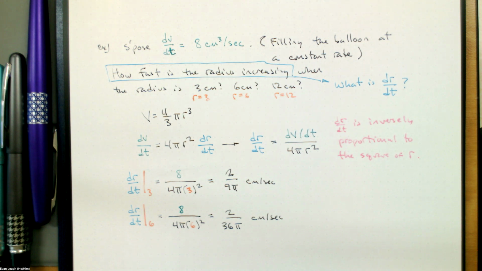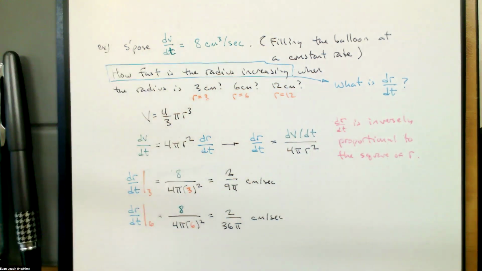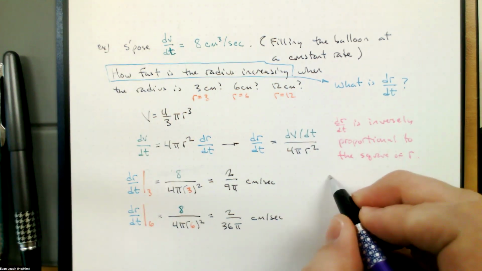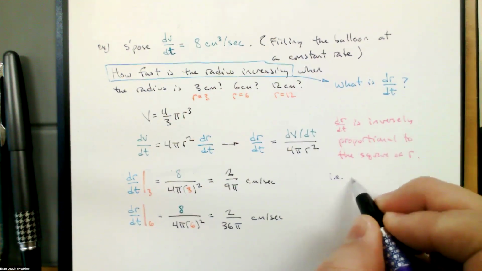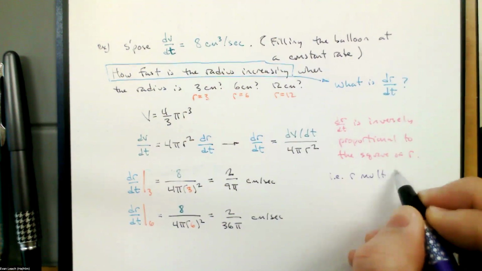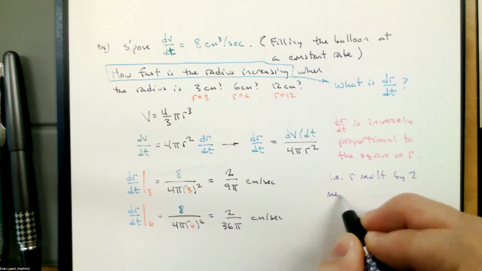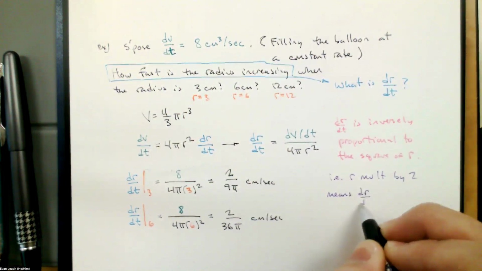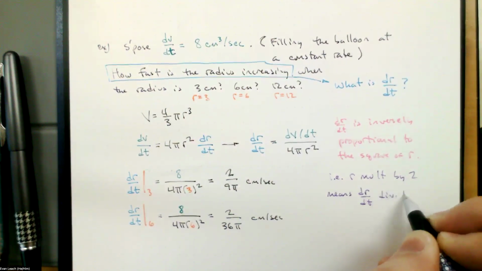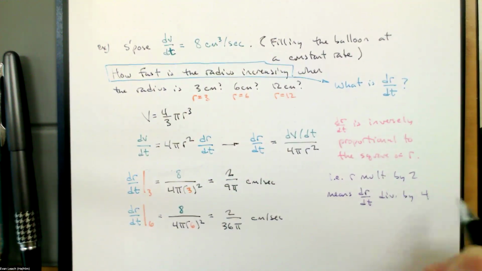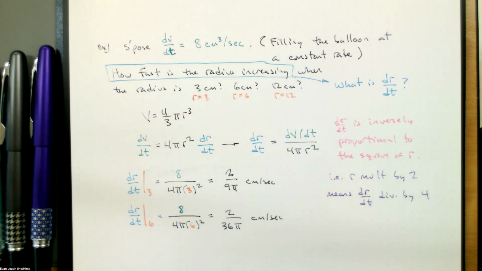That means they're going in opposite directions, and it's the square. So when the radius is doubled, dr/dt is divided by 4. So that means if r is multiplied by 2, and if r is multiplied by 4, dr/dt would be divided by 16.